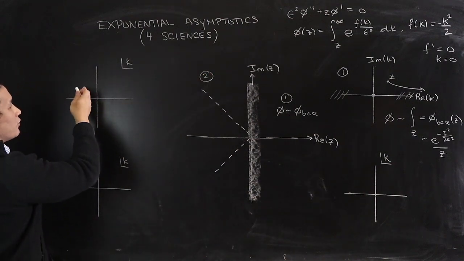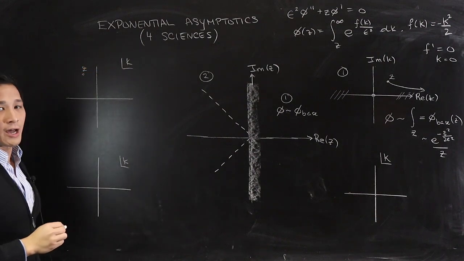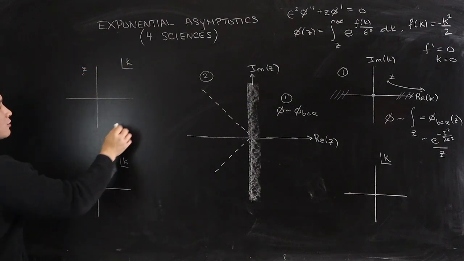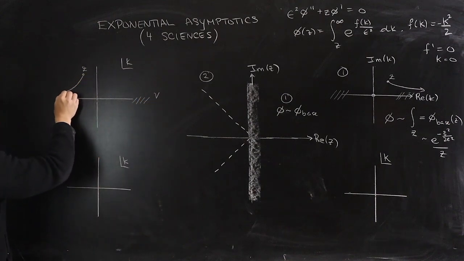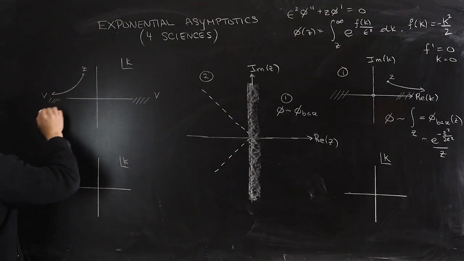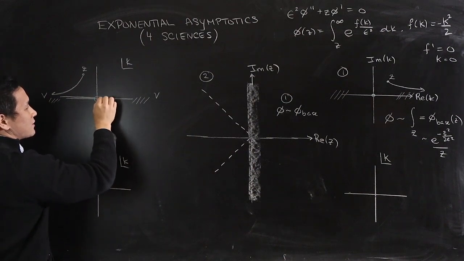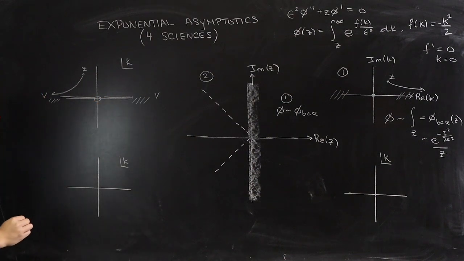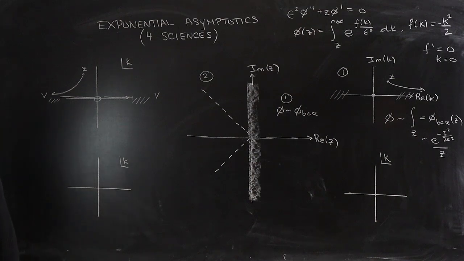in order for you to travel from a point z, which is now in this upper half location, to the valley at positive infinity, you first have to travel to minus infinity, where there's a valley, and then you have to go up along the imaginary axis, hit the saddle point, and go to the valley that way in order to follow paths of steepest descent.